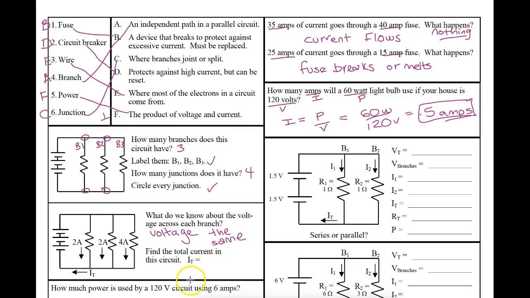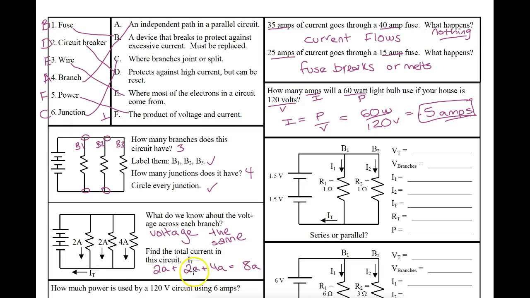And then we have to find the total current. So total current is basically you add them up. So we have 2 plus 2 plus 4. So we have 2 amps plus 2 amps plus 4 amps equals 8 amps.